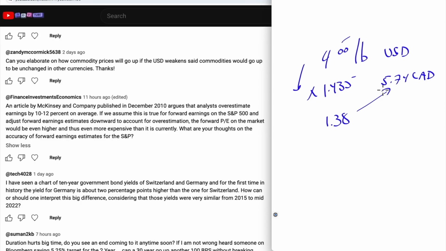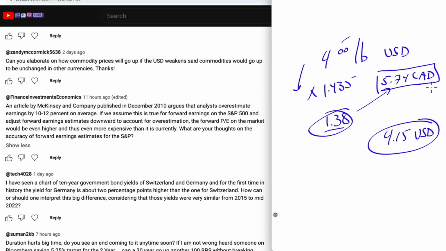To keep a stable price at 5.74, the price of copper would now be 4.15 US. Without any change in demand anywhere in the world, if the US dollar weakens, such as the Canadian was at 1.38, to still be 5.74 Canadian per pound of copper, it would be 4.15 US.